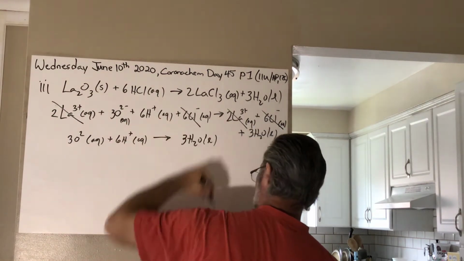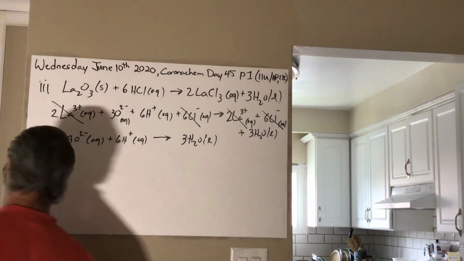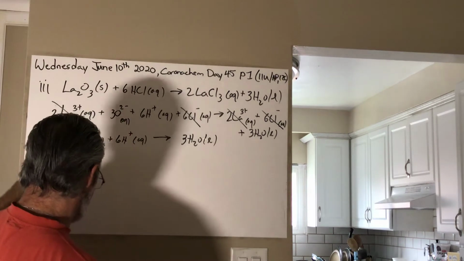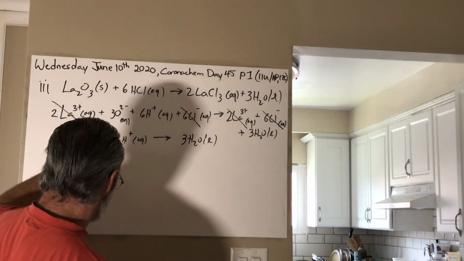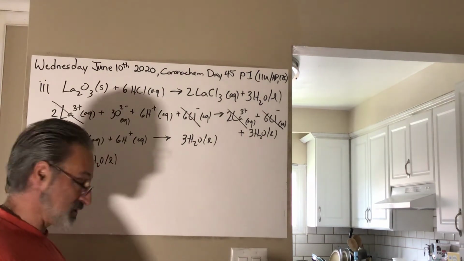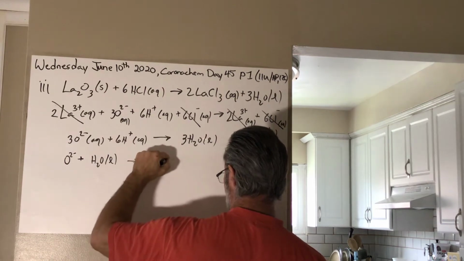As it turns out though, oxide is not a stable anion. So what's really happening is that this reaction happens. You're going to get oxide combining with water, because water is the bulk solvent here. It's going to pull a proton off the water, and you're going to get 2 hydroxides.